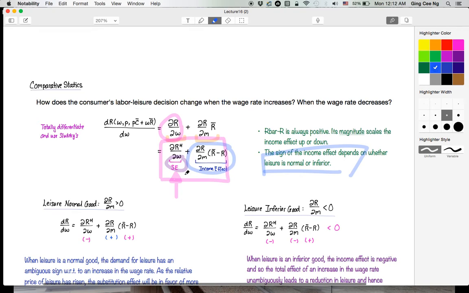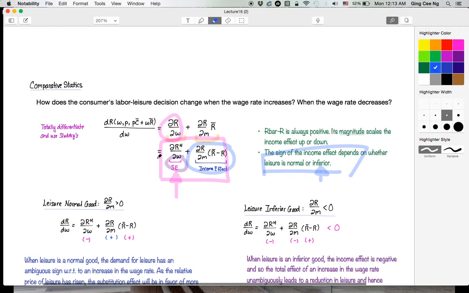It's going to give a positive income effect, so when your wage rate goes up, you're going to consume more leisure. If leisure is an inferior good, it can go in either direction. Your income effect can be positive or negative, and depending on the magnitude of the income effect relative to the substitution effect, it's going to determine whether overall leisure goes up or down.